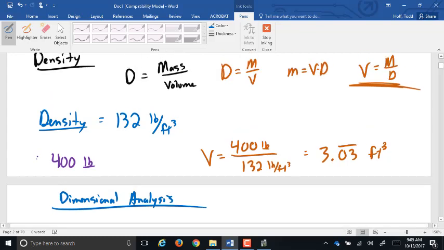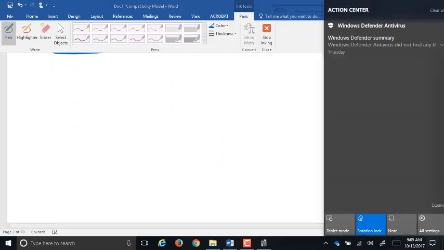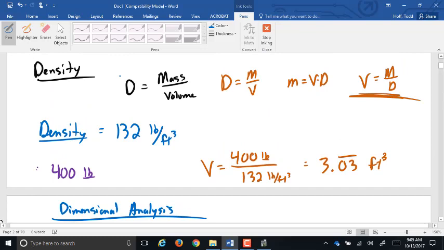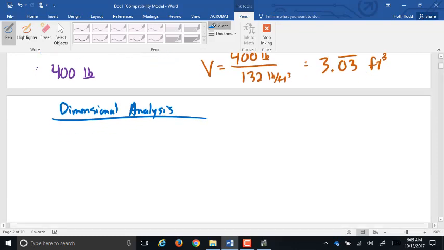So in dimensional analysis, rather than trying to remember that volume is mass divided by density, I can use the information I have here: my density of 132 pounds per cubic foot and my total weight of 400 pounds.